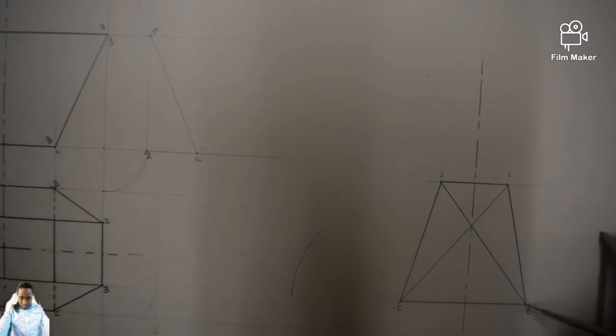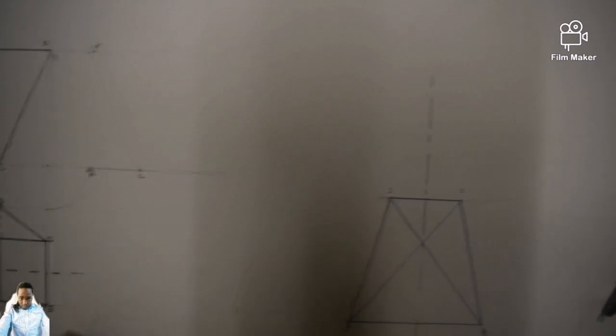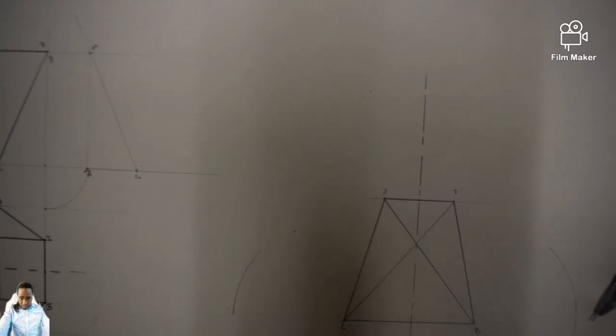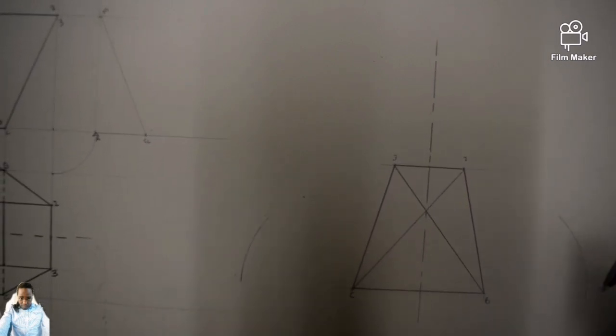So make them a little bit long, because you don't know how long you are gonna get that arc. So now we've gotten the distance from C to D, which is the same as B to A.